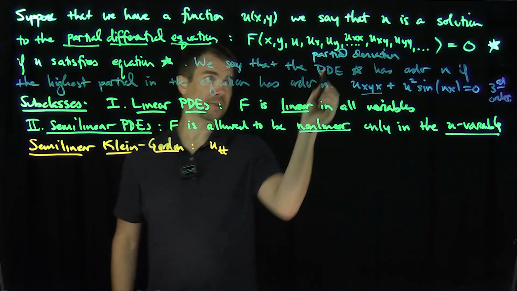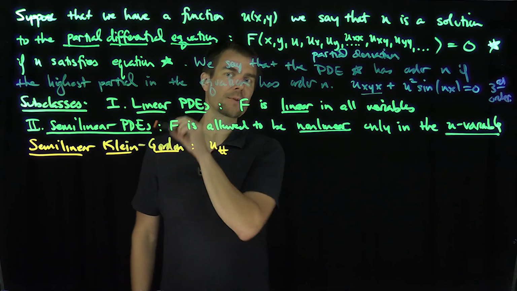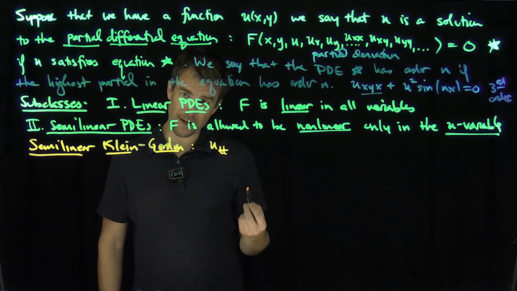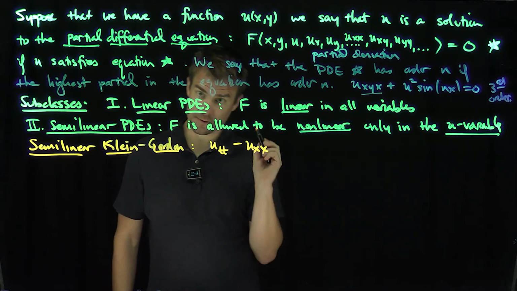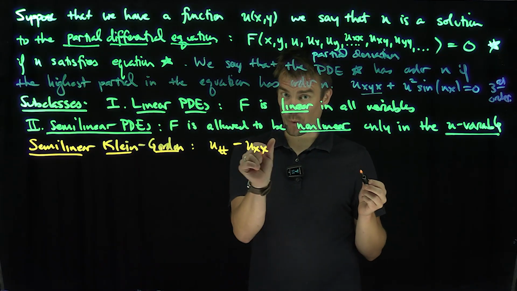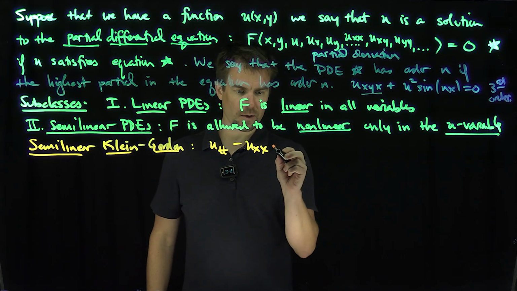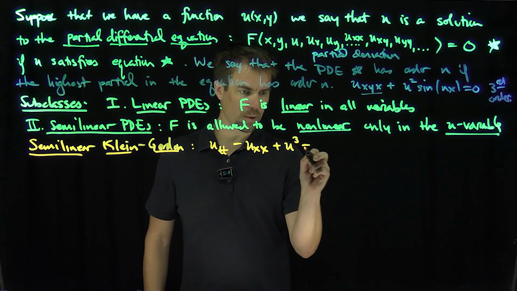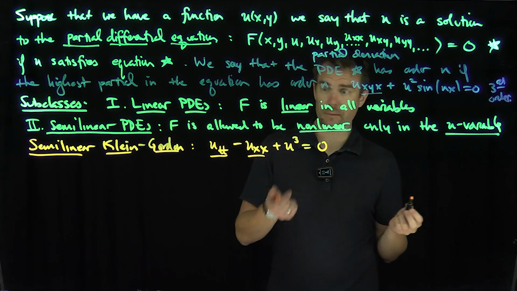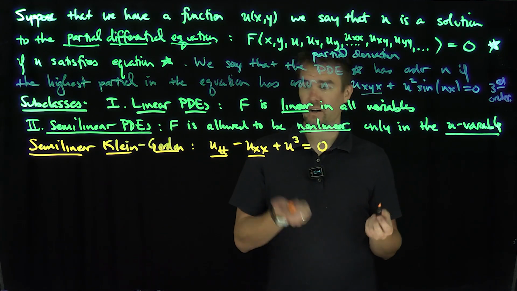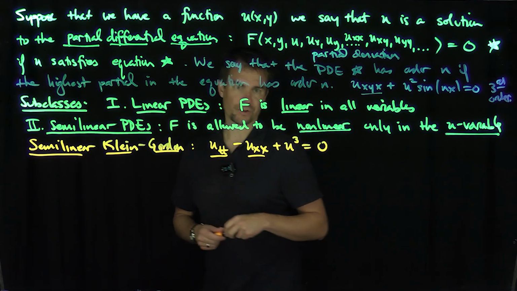So now here I've replaced x and y with t, so I'm also starting to incorporate an idea of time, right? Minus u_xx. If we just set that equal to 0, that'd be the wave equation. But the cubic Klein-Gordon looks like this: plus u cubed is equal to 0. We can see that we're linear in the uxx and the utt variables, and that we're nonlinear in the u variable. So that's the semilinear Klein-Gordon equation.